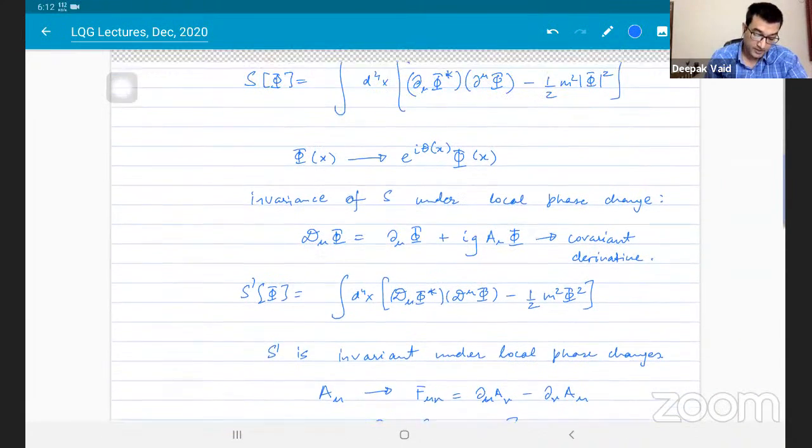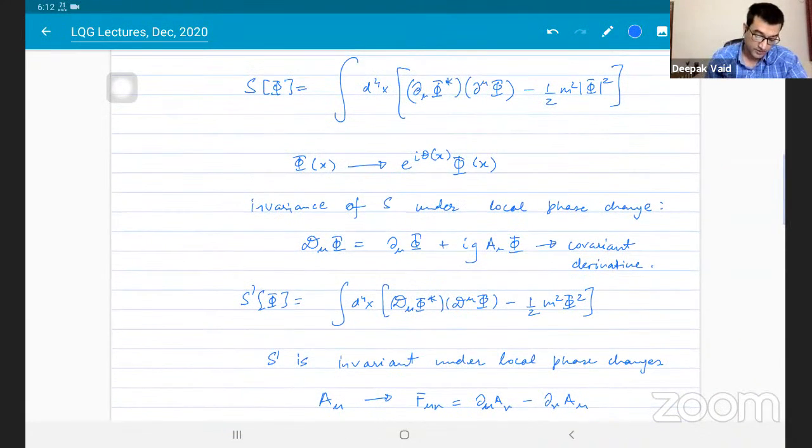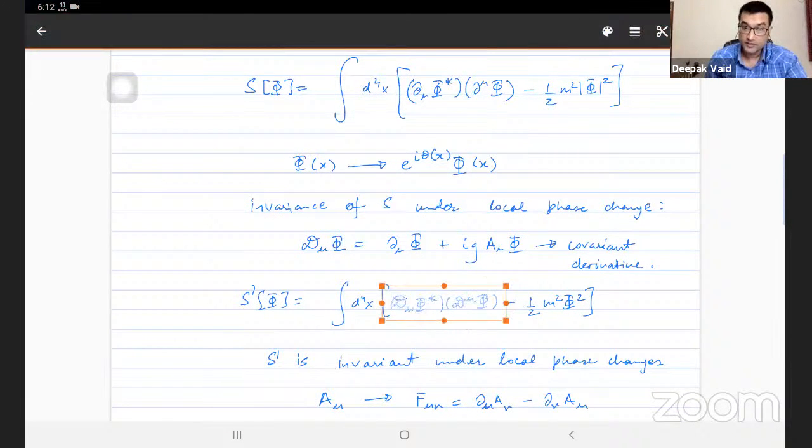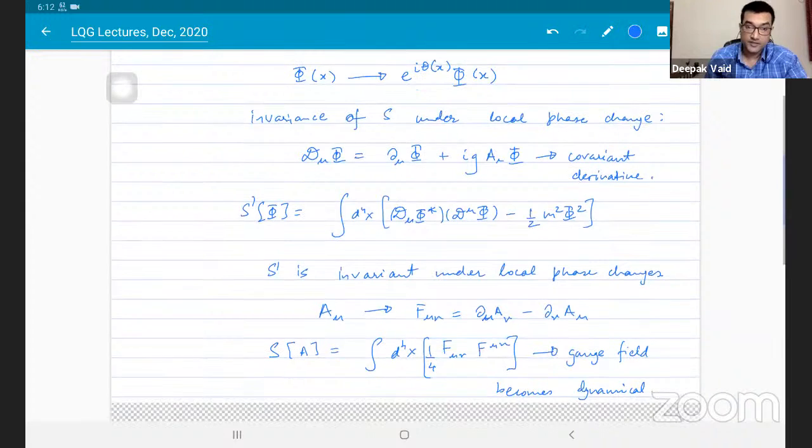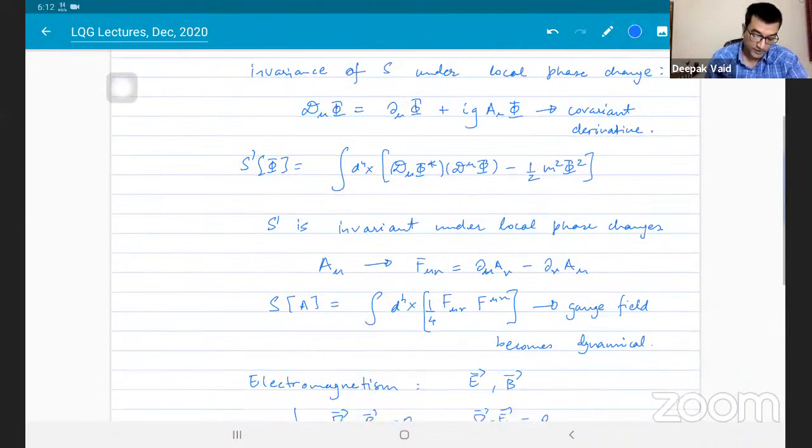The action, only the kinetic term in this case, changes, and this is invariant under local phase changes, so local gauge transformations. Again, this is an exercise that you must do.